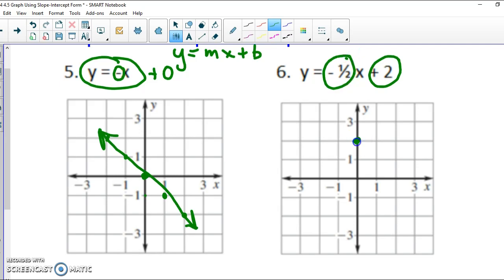So from here I can go down 1, right 2, down 1, right 2. Or from my y-intercept I could also go positive rise, negative run, positive rise, negative run. And then I can connect my points in a straight line and put arrows on the ends.